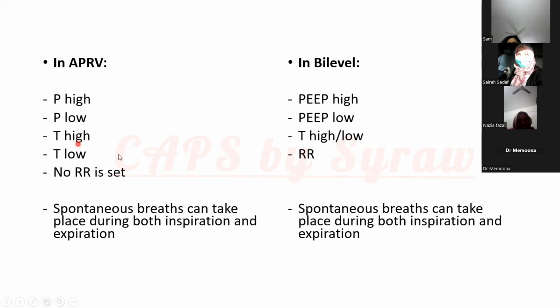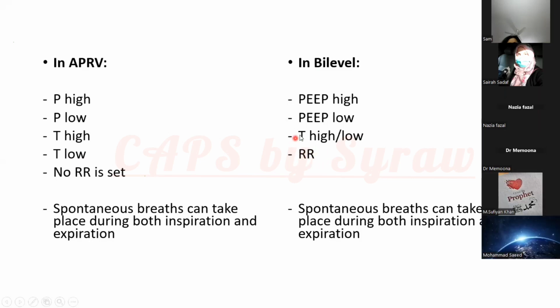So in APRV, for example, if you are setting a T high of 5 seconds and T low of 1 second, the total cycle time would be 6 seconds and the respiratory rate would indirectly be calculated as 10 breaths per minute. However, in bi-level, if I'm setting the rate at 10 and I'm keeping the inspiratory time or the T high at 3 seconds, each cycle will be 6 seconds long.